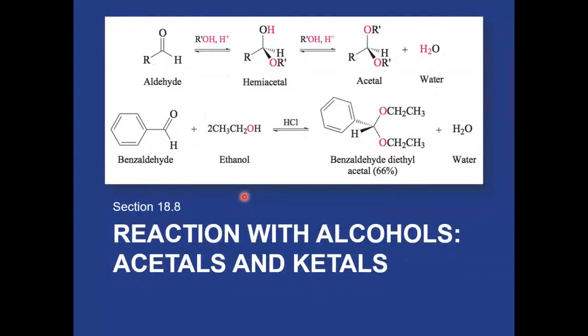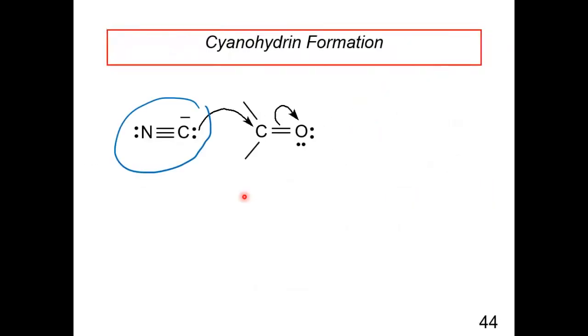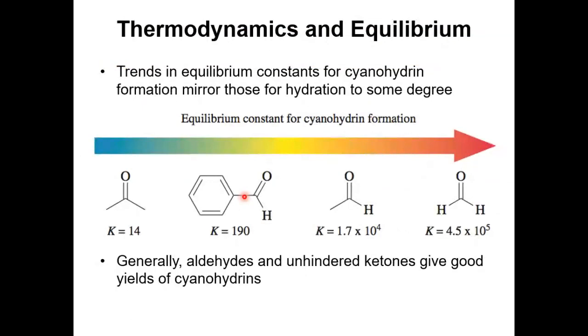So that's hydrogen cyanide, and the trend is still the same. When you look at the equilibrium constant, the more stable the carbonyl is, the less willing it is to react. Ketone has the most stable carbonyl, so it has the smallest equilibrium constant.